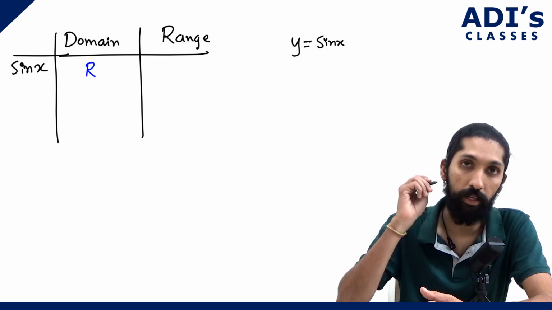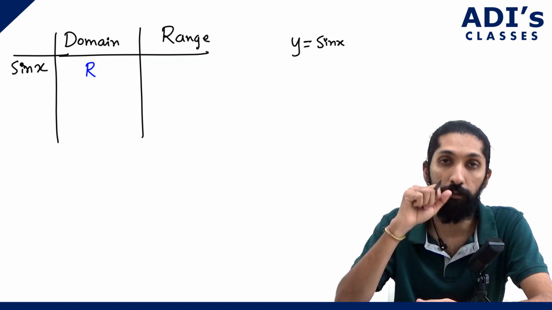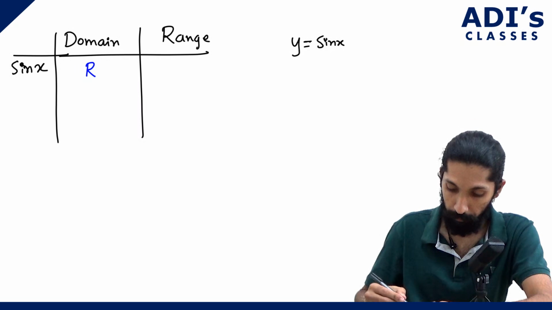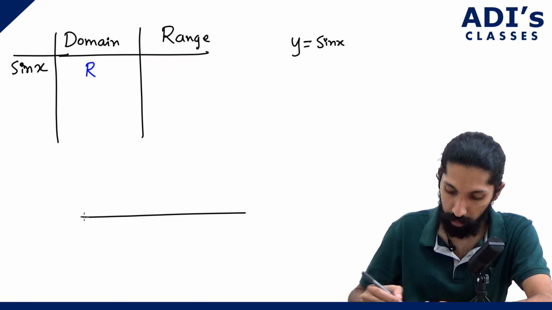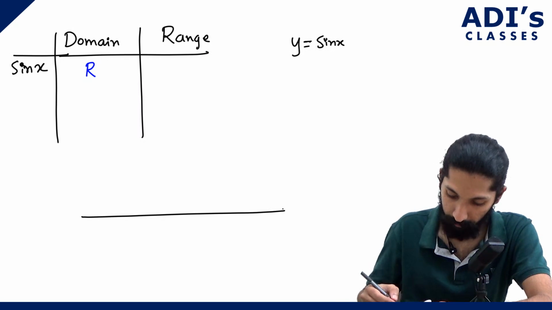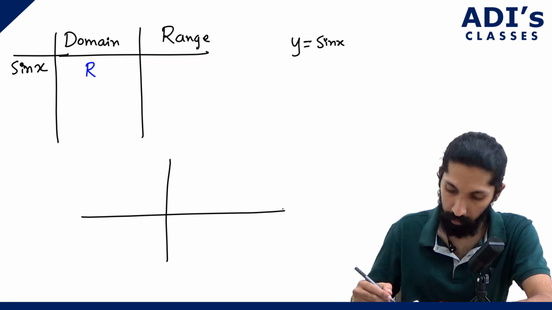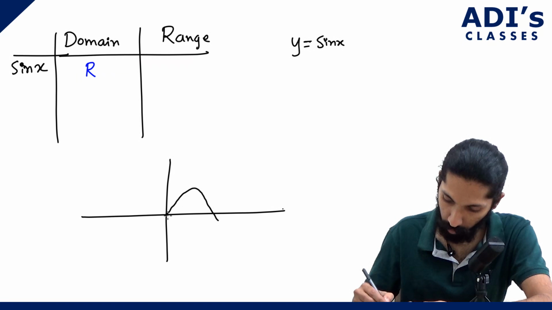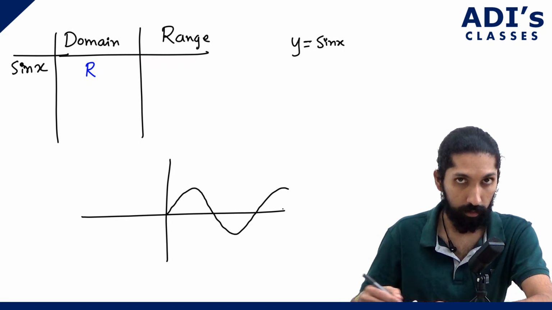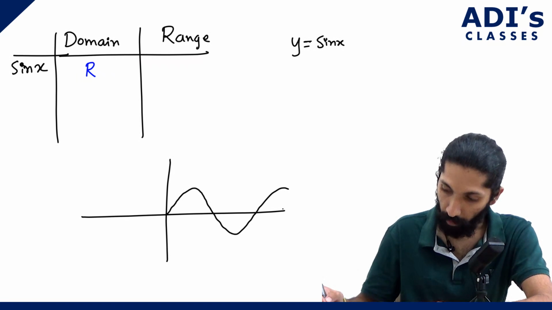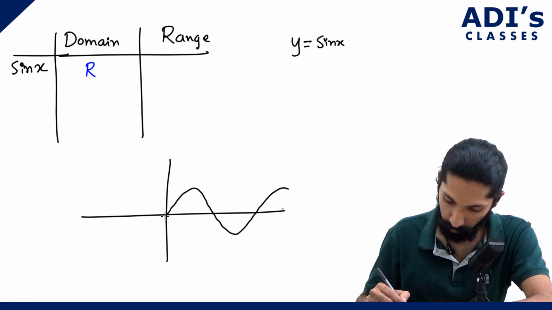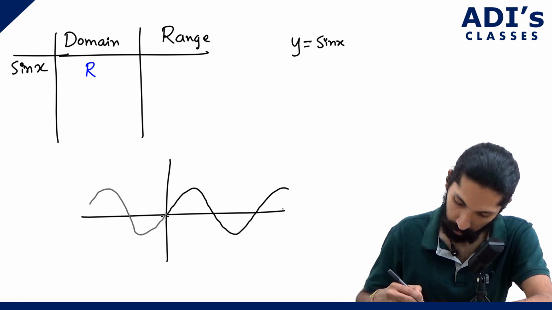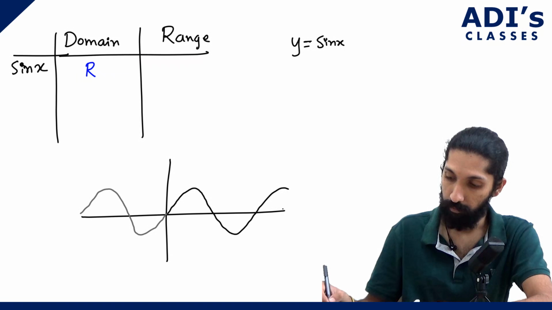When it comes to range, we have to be a little more careful. Take the sine graph. I know you guys know the sine graph. It goes like this on the positive side, and the same graph goes like this on the negative side.